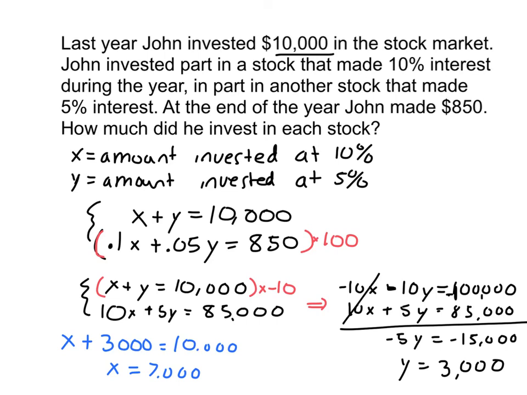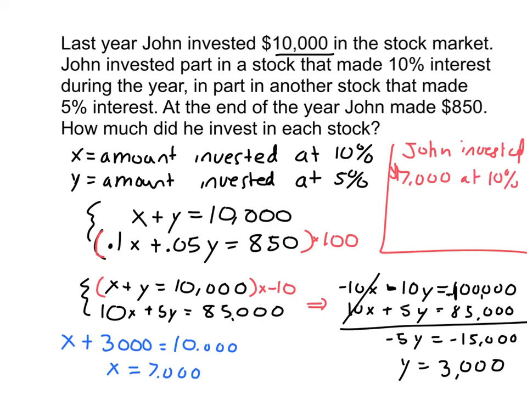John invested $7,000 at 10% interest, and $3,000 at 5% interest.